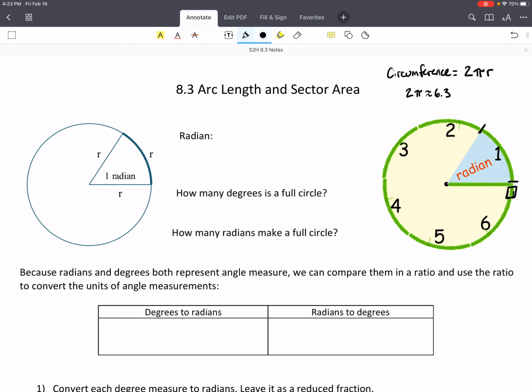Fun fact. If I create a central angle where the width is the length of a radius, so I'm going to come back over to the picture on the left, notice each of those is a radius. This central angle is called 1 radian. A radian is basically a central angle measured based off radius lengths.